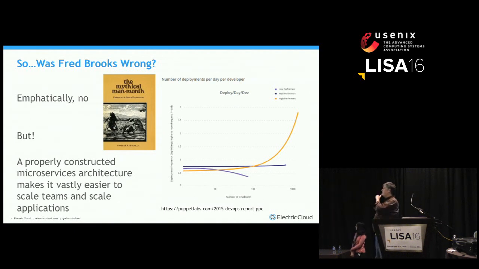And you definitely see, the graph on the right is from last year's State of DevOps report, put out by ITRev and Puppet Labs. One of the leading indicators of success for a software organization, as measured by those folks, is how many deployments per day per developer you manage to do, right?